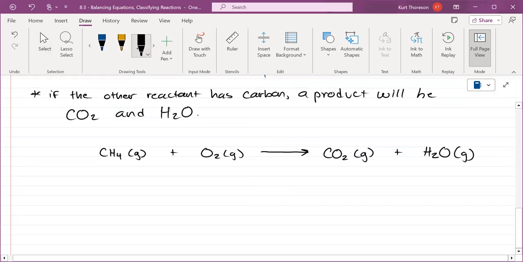If you notice that this has oxygen, that's a clue that it's combustion. And the fact that methane has carbon in it is going to result in the product CO2 and water.